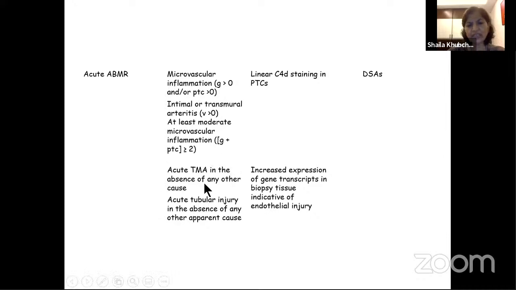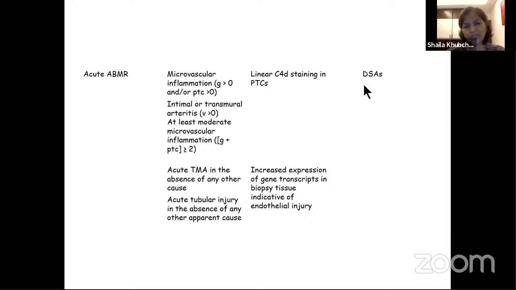Just the classification by BANFF, now it has been seen that we have a fair number of patients who are showing a TMA-like lesion and some patients who just come with tubular injury. Most often, if the cadaver kidney has been well preserved, then the amount of tubular injury is lesser. But in some scenarios, if the time has been a little in excess, then tubular injury can be seen even without a rejection.